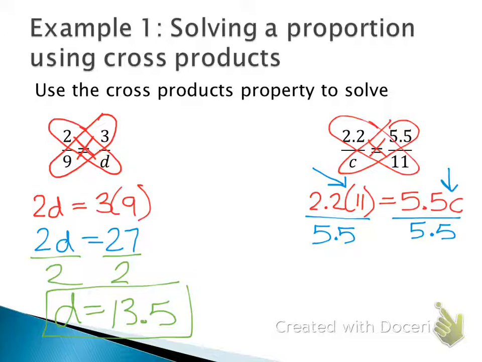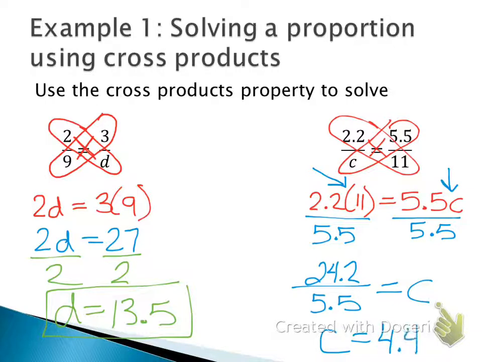Yes, absolutely, you can use your calculators. 2.2 times 11 is 24.2, divided by 5.5, which will equal c. And c equals what? What's 24.2 divided by 5.5? The answer is 4.4. C equals 4.4. And that is how I use cross products to solve.